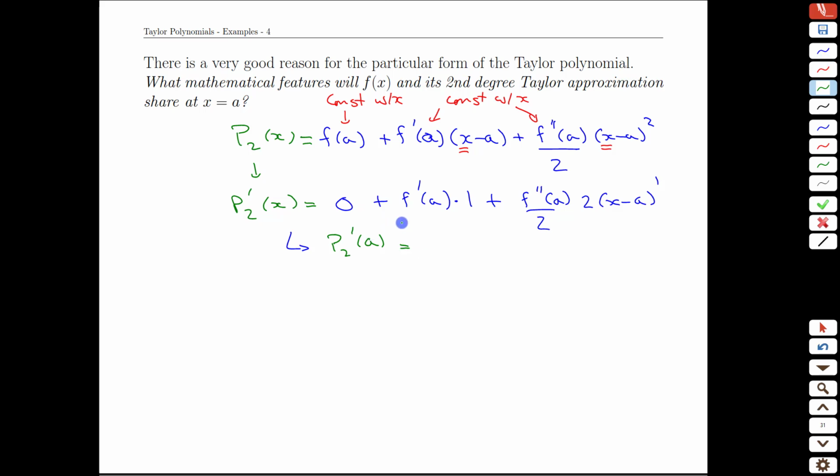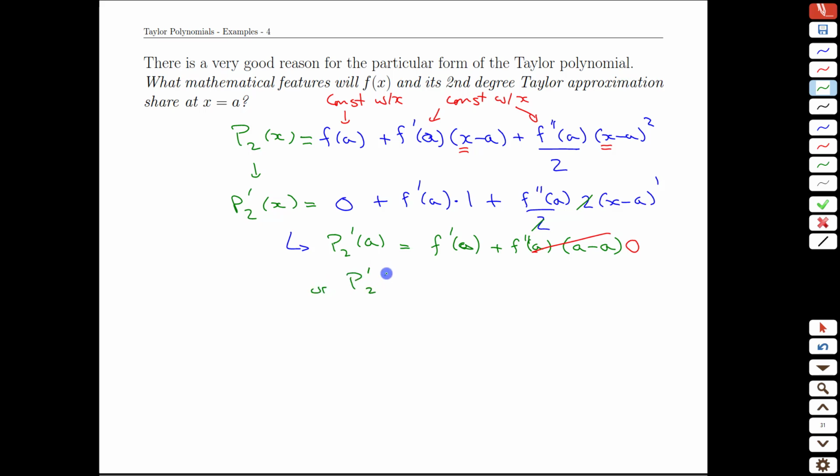We're going to get 0, we're going to get f prime of a, and we're going to have f double prime of a over 2 hanging around. Oh, the 2's actually cancel, so we can get rid of that. But we have x minus a, but we're plugging in x equals a, so we get an a minus a. That's going back to the centering at the point we're interested in. And that means all of that simplifies to 0.